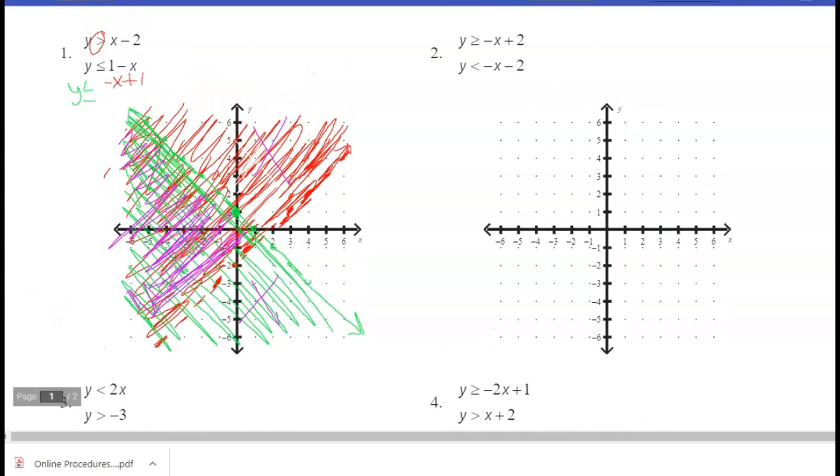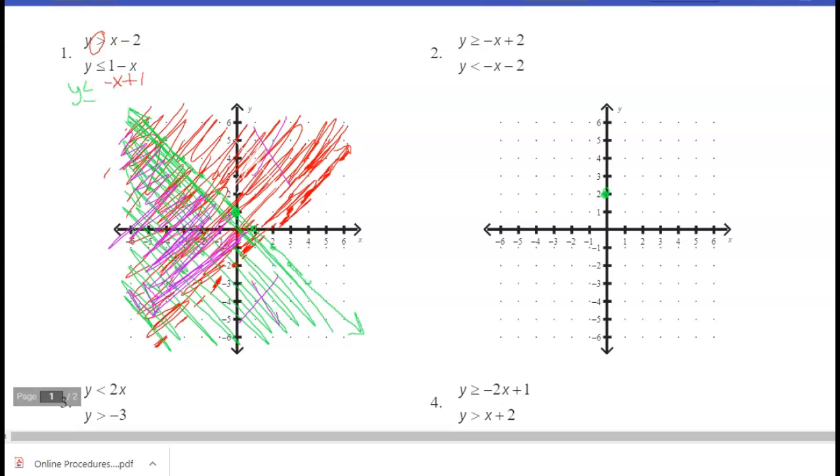So let's do another one. I'm going to stick to the greens and reds because I think the contrast and color worked pretty good there. So we got greater than or equal to -x plus 2. I'm going to go a little quicker here.